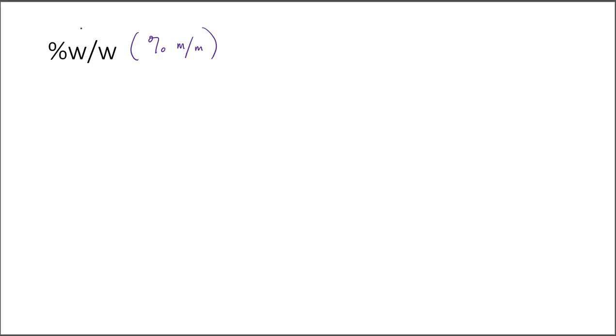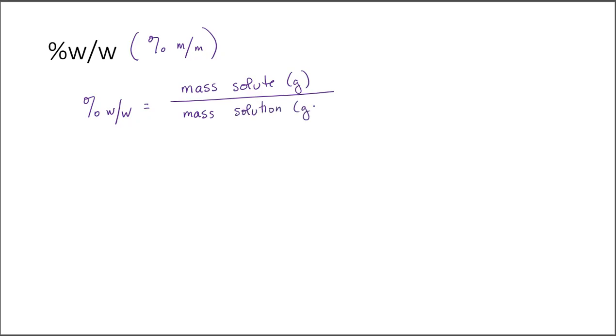So the percent weight of any given solution is equal to the mass, or again, the weight of the solute, typically in grams, divided by the mass of the entire solution, also in grams, times 100. We're going to do some calculations on this in just a little bit, but mass of the solute divided by mass of the solution times 100.